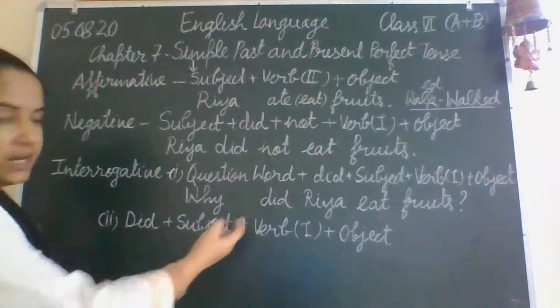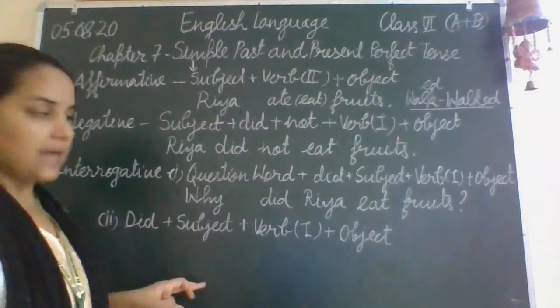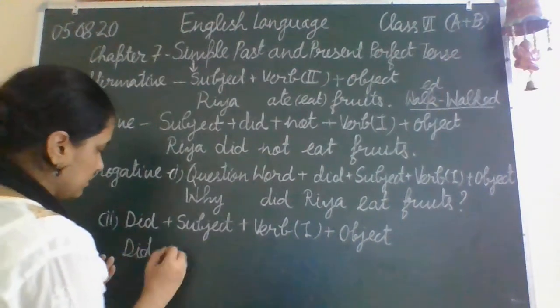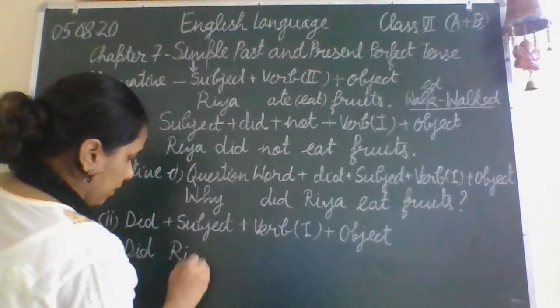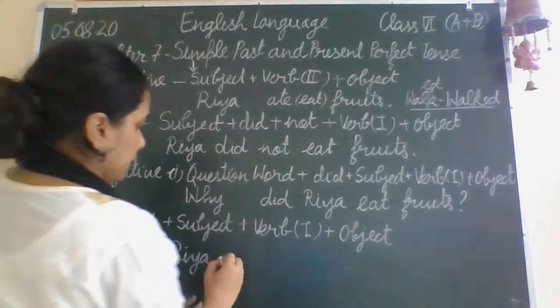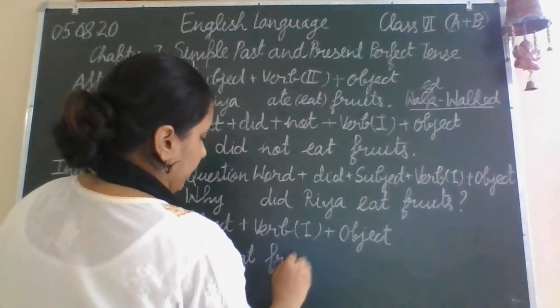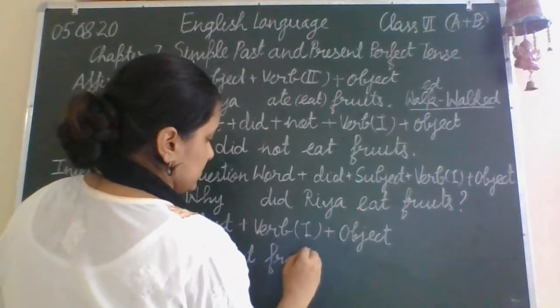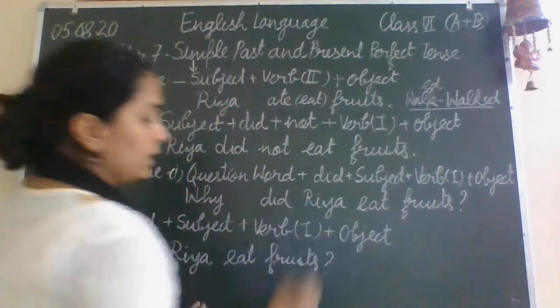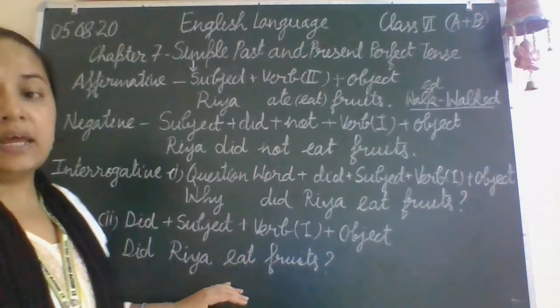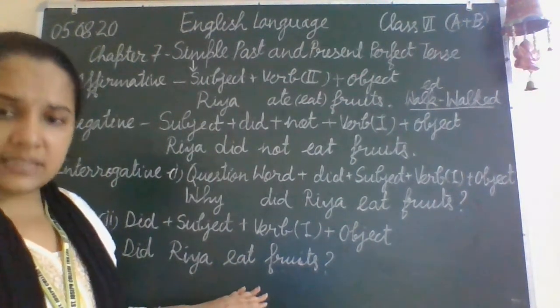If we take the same example again, the sentence will be: Did Ria eat fruits? And the question mark, because this is also an interrogative sentence.